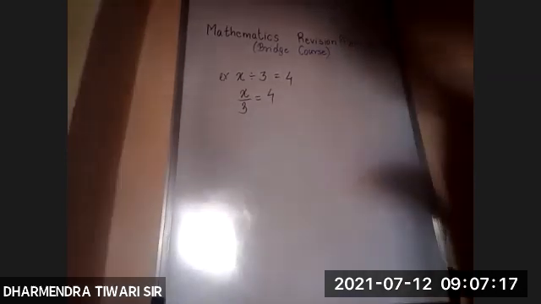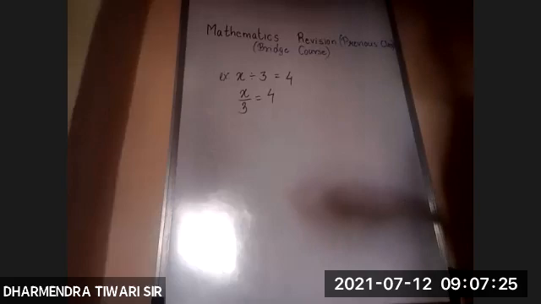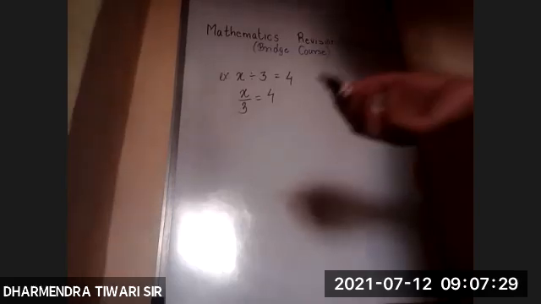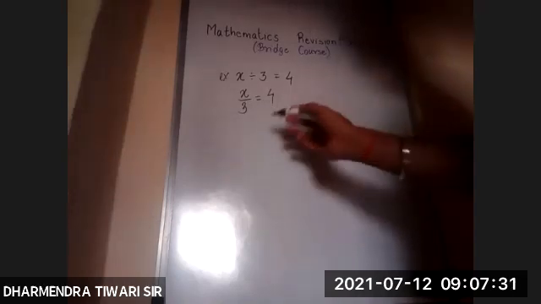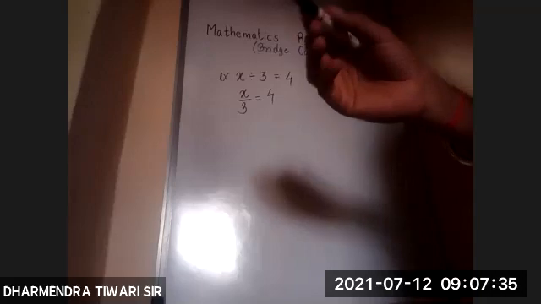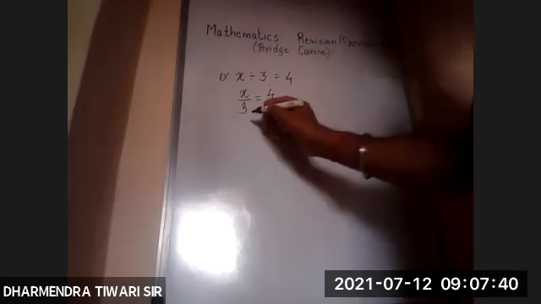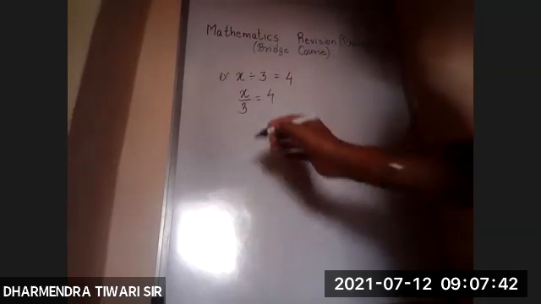We need the value of x which holds the condition, meaning the solution. So which number is creating a problem? You can see that the number present in the denominator is creating a problem. What you can do is multiply by 3 on both sides.